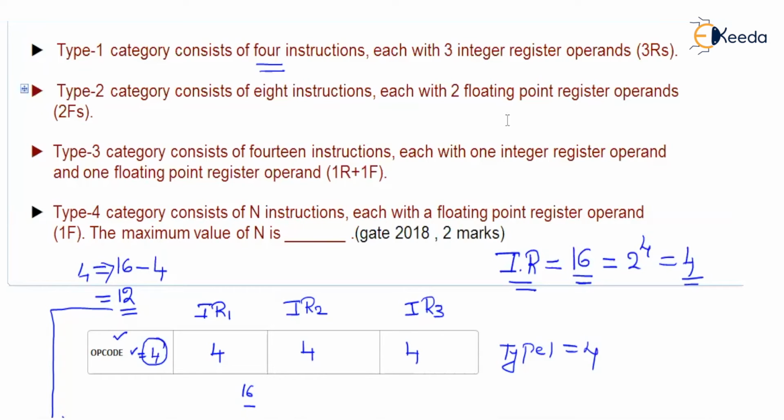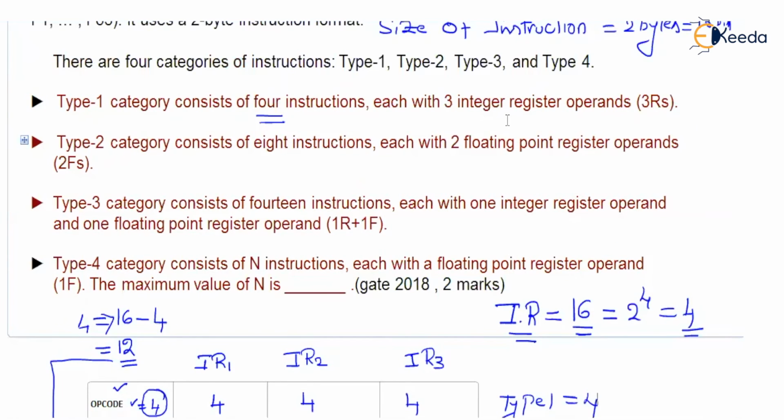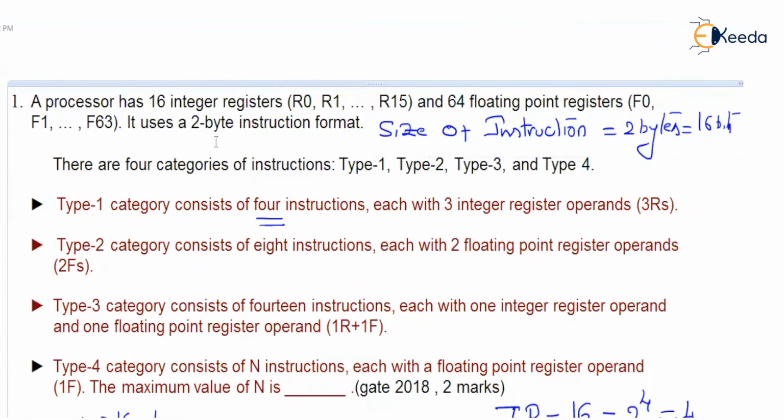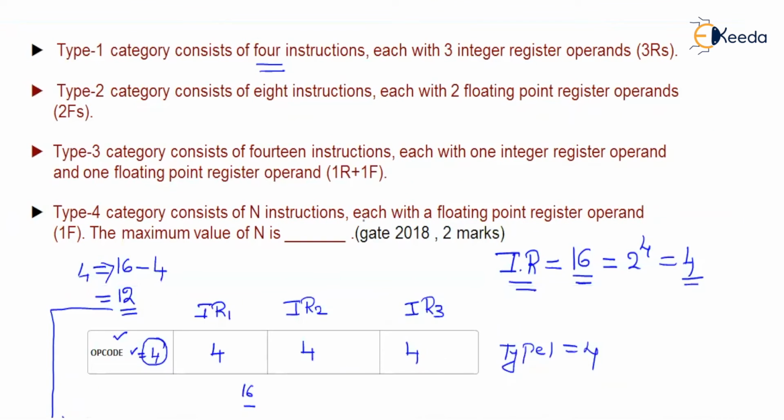In order to understand how many digits are assigned to one floating point register operand, we need to identify the total number of floating point registers in the system. The total number of floating point registers in the system is equal to 64, as you can see here. So FR is equal to 64, in which we require 6 digits to represent one floating point register field.